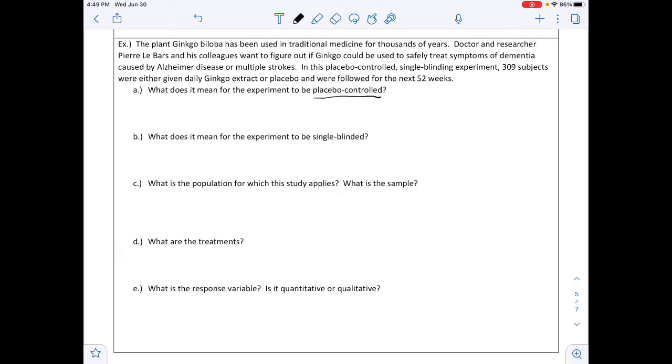And being placebo-controlled would be that some subjects are going to receive a placebo, and others get the actual medication, which is that ginkgo biloba extract.